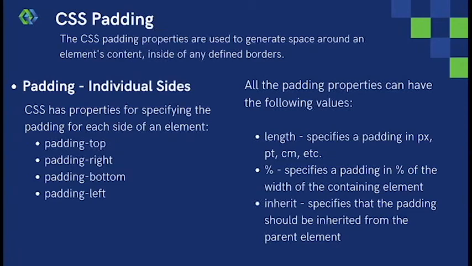Okay, the padding, the CSS padding properties are used to generate space around an element's content inside any defined borders. Dili itong padding, no? Ako siya ay mong space between sa imong element, content o sa borders. Again, for individual side, you can have padding top, right, bottom, left.